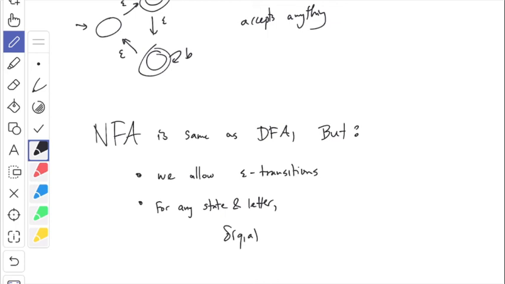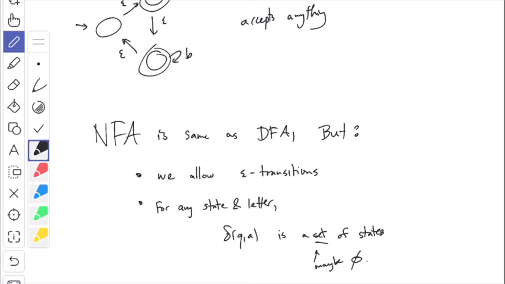And so this is a set of states. This is the difference with a DFA. In a DFA, this was a specific state, one state that you get as the answer. But in an NFA, it could be any set, possibly empty. Maybe the empty set, right? It could be any set of states. That means there can be any number of outgoing arrows, perhaps 0 outgoing arrows. Could be the empty set.